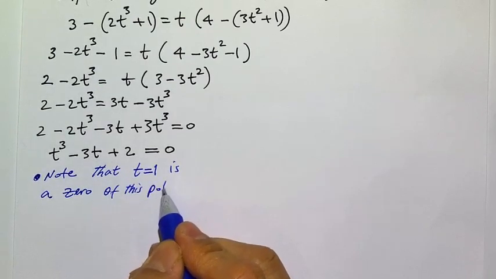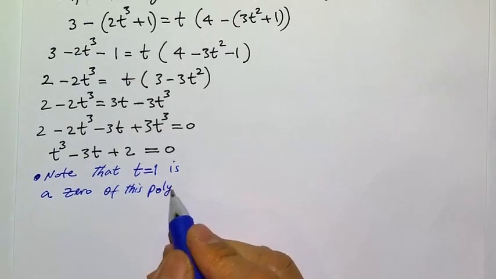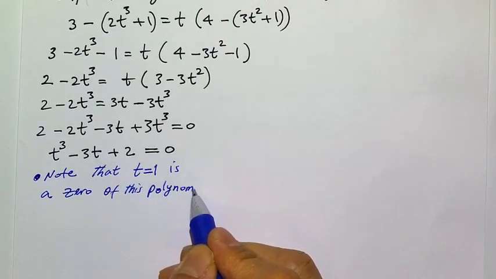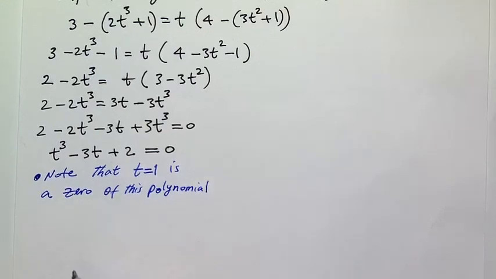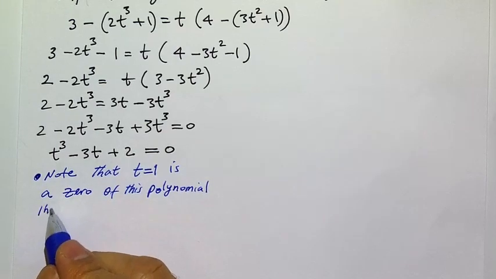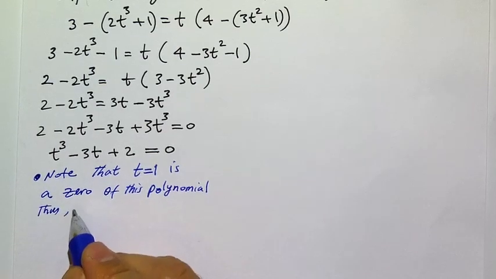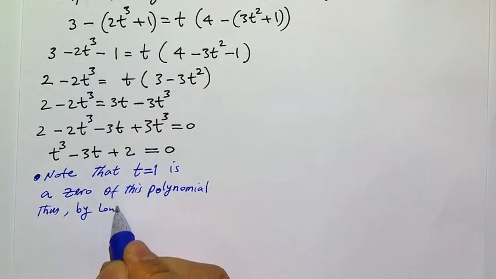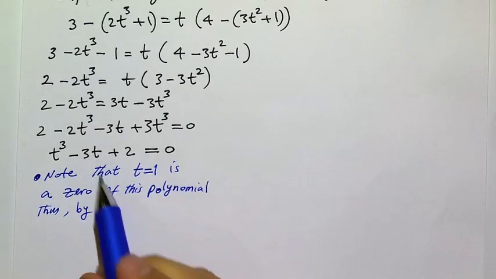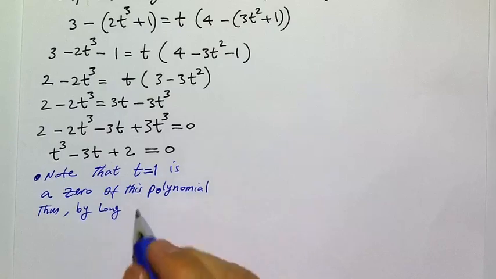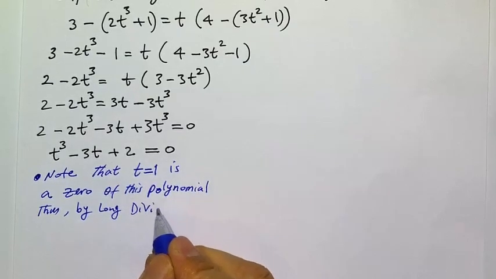Okay, and it's just a good first guess, I guess. And so by long division, we can find factors of this, is what I'm saying. So by long division, we have, maybe I can fit the long division right underneath this.